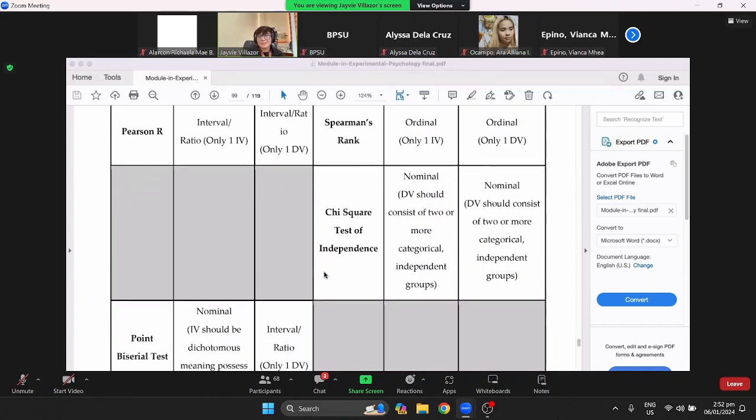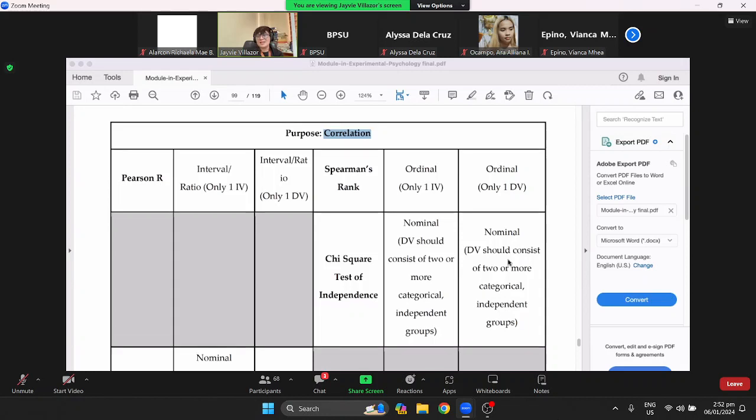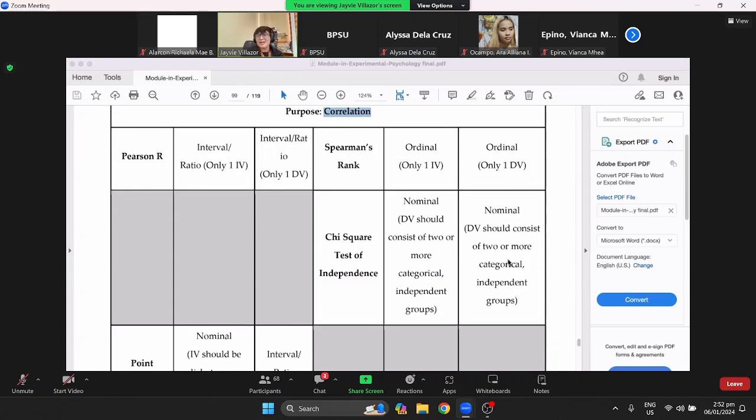Chi-square test of independence. Ibig sabihin, pag ang independent variable nyo ay nominal at ang dependent variable nyo ay nominal din, and they have multiple levels ng nominal tsaka multiple levels ng nominal, okay, or two or more categorical, can you follow, guys? Ang gagamitin natin ay chi-square test of independence.